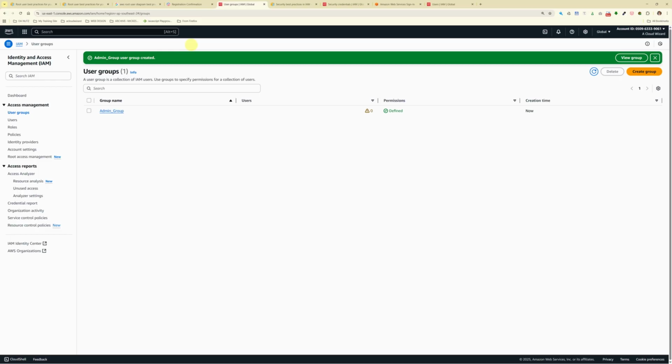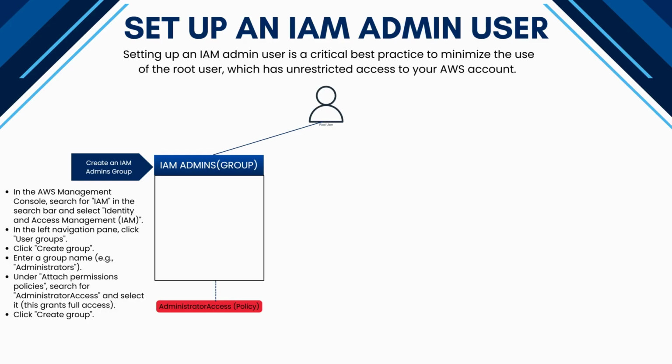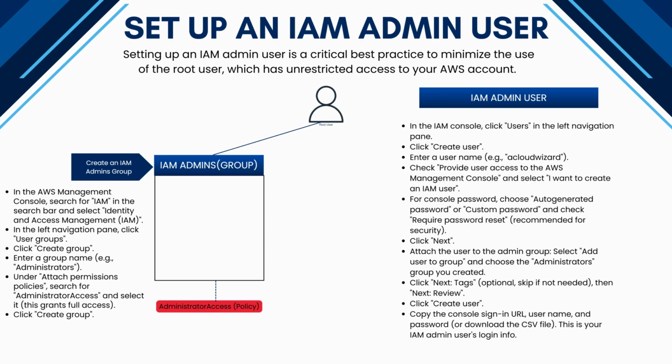Now let's jump back to our other screen where we were going through the procedure. And we're going to follow this procedure underneath here. IAM admin user. Quickly read through it. In the console, which we are in, we're going to click users, create user, give it a name, and it will come up with some questions about whether you want console access or programmatic access.